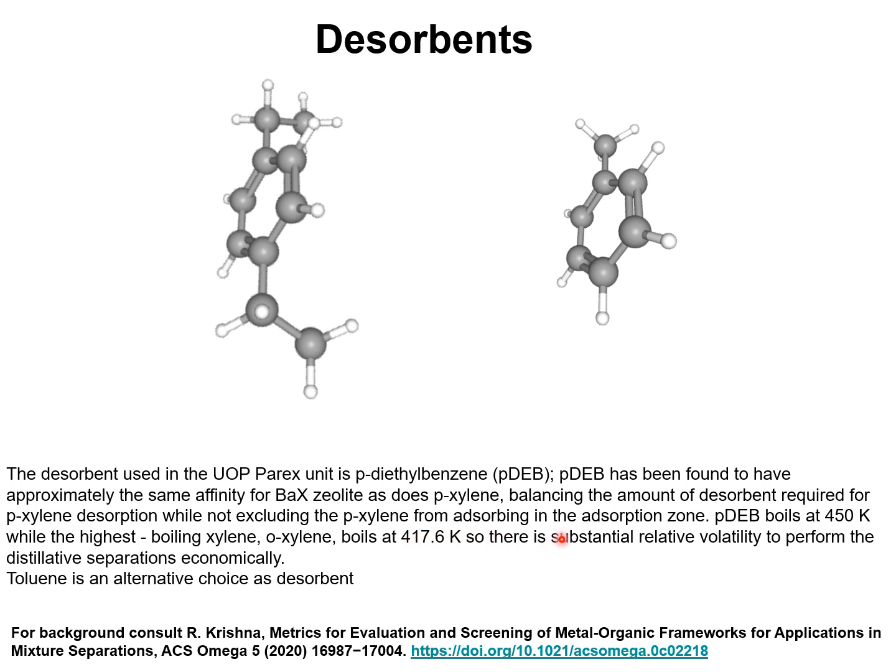PDEB boils at about 450 Kelvin, while the highest boiling xylene, which is ortho-xylene, boils at 417.6 Kelvin. So there is a substantial relative volatility to perform the distillation separations economically.